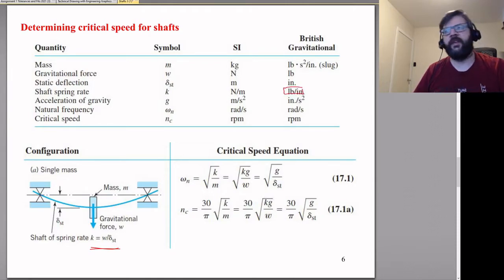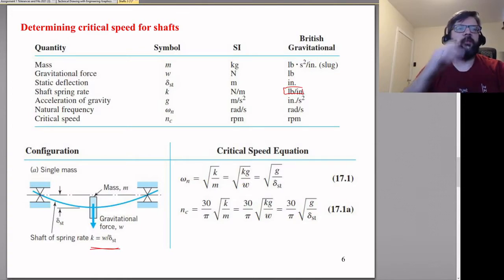That's saying if we had the shaft simply supported and applied a certain force to the shaft in the middle, how many pounds would we need to push down on the center to get 1 inch of deflection in the center?